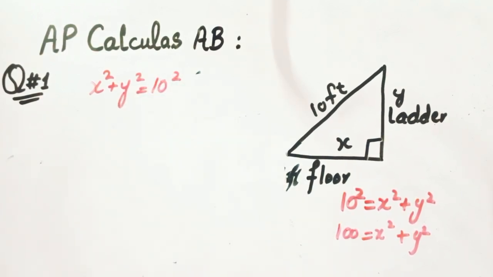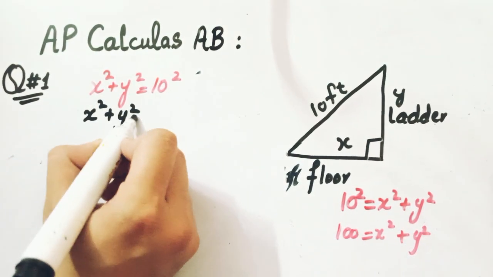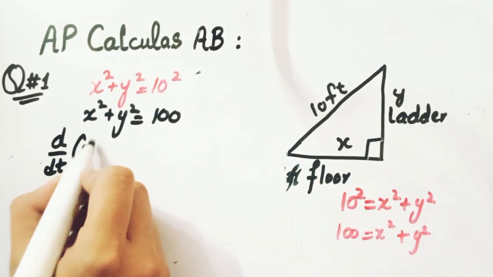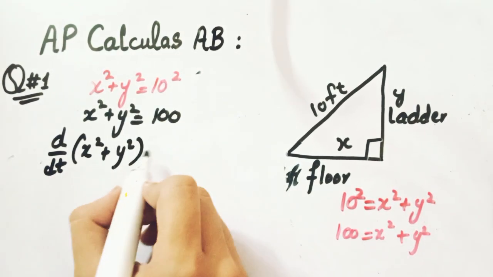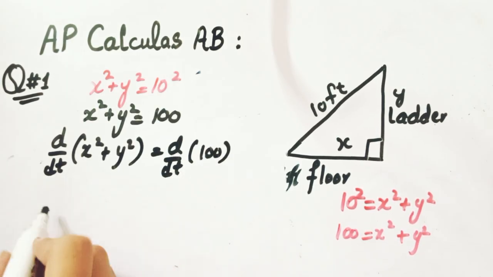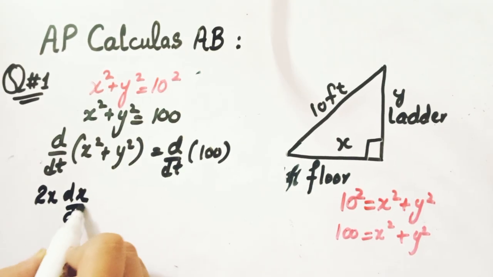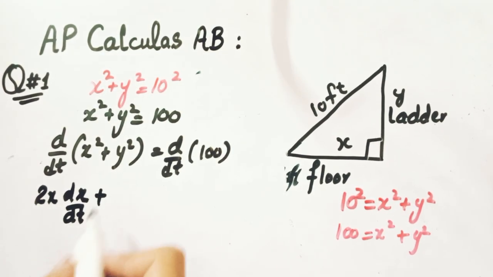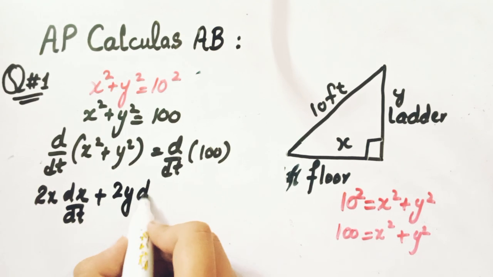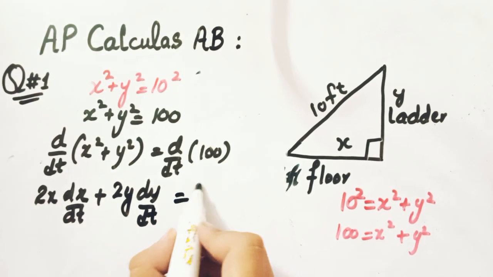That gives us x square plus y square equals 100. Now d by dt of x square plus y square equals d by dt of 100. So differentiation of this gives 2x dx by dt plus 2y dy by dt, and this will be equal to 0.